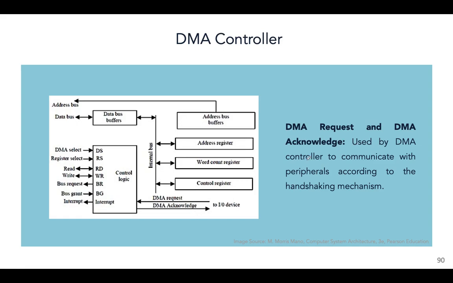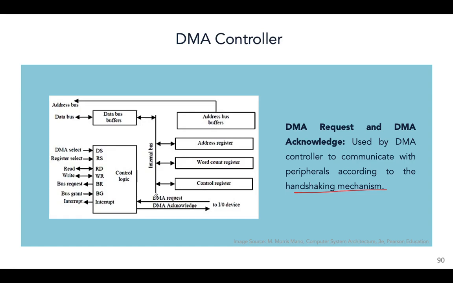Alright, DMA request and DMA acknowledge, again these are important lines. These are used by the DMA controller to communicate with peripherals according to the handshaking mechanism. The handshaking mechanism we have already discussed in the previous video. The request line comes from the device to the DMA controller.